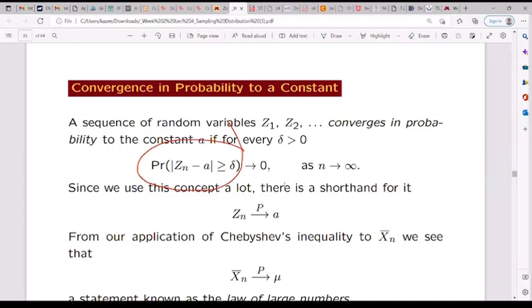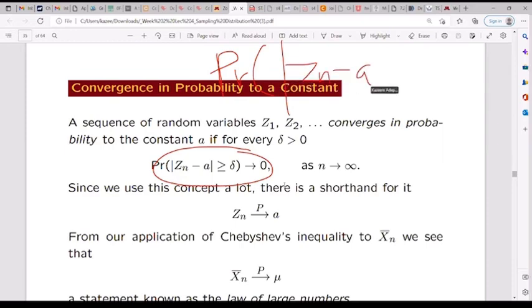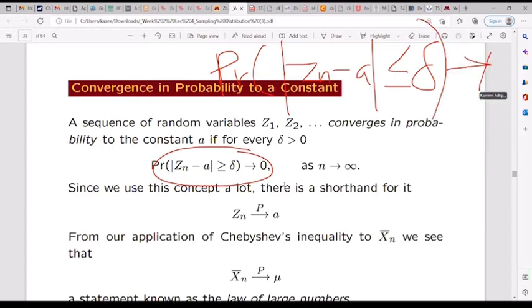That probability must tend to 0. If I want to rewrite this, I'm going to say the probability of the absolute value of Zn minus A less or equal to delta must tend to 1.